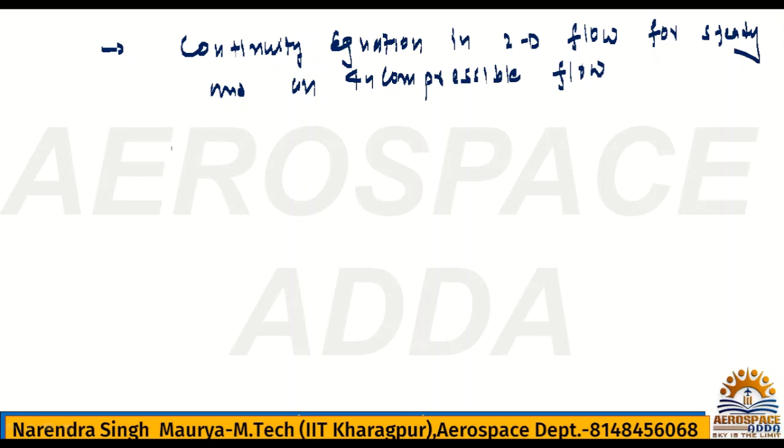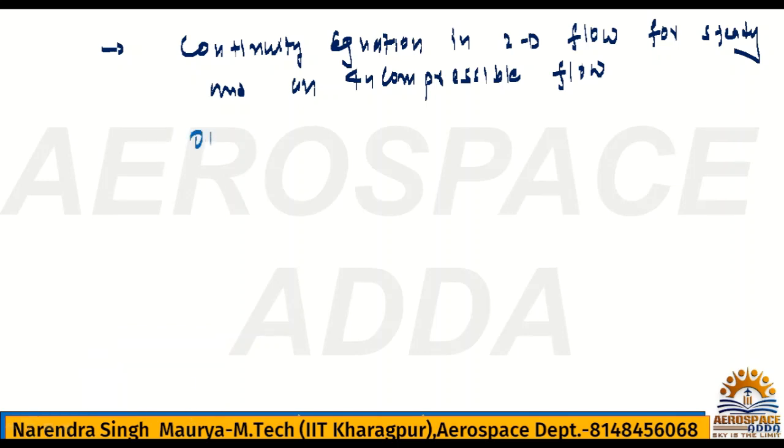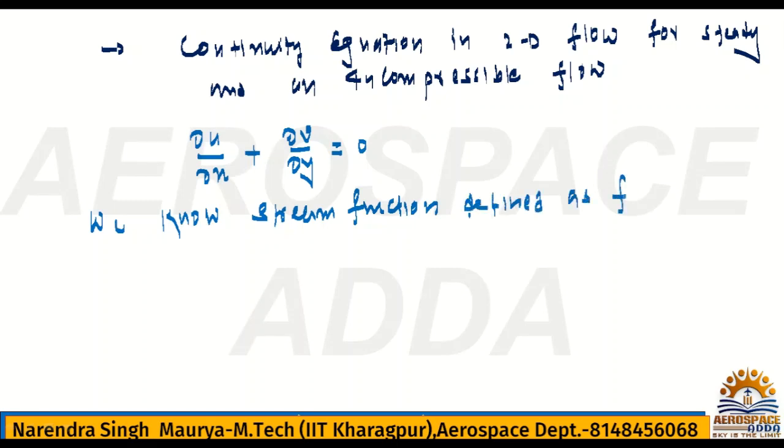What is the continuity equation? You all know, it is nothing but dou u by dou x plus dou v by dou y equal to 0. We know stream function is defined as follows.